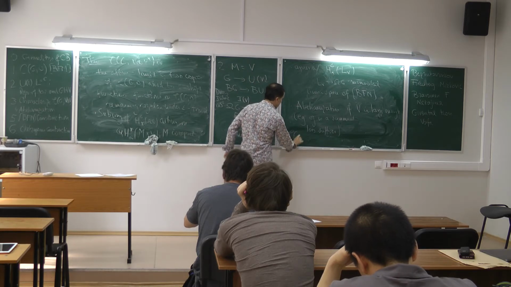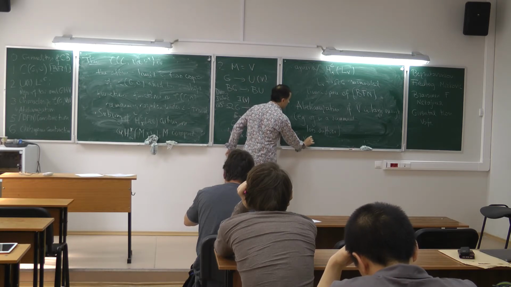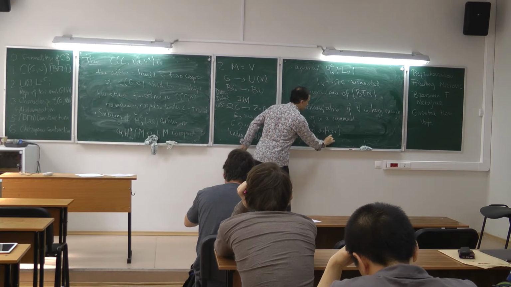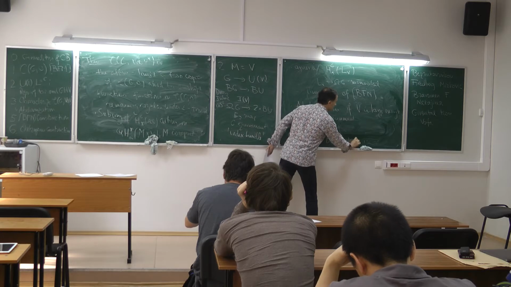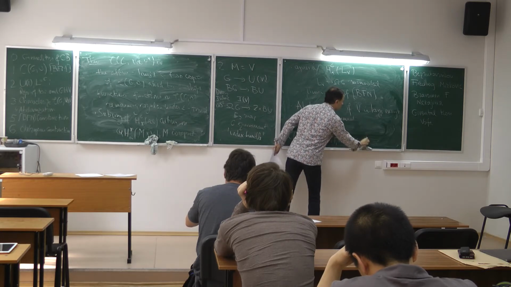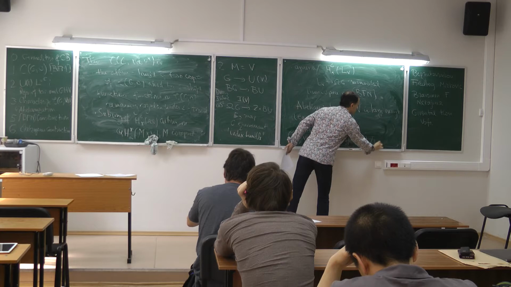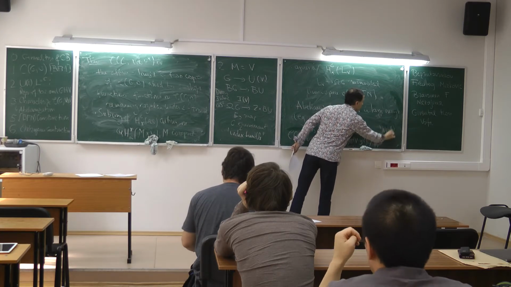Then the Coulomb branch of G for V plus V check is the Coulomb branch of the torus of V with the adjoint representation taken out, divided by the Weyl group. So it's like a Weyl character formula.